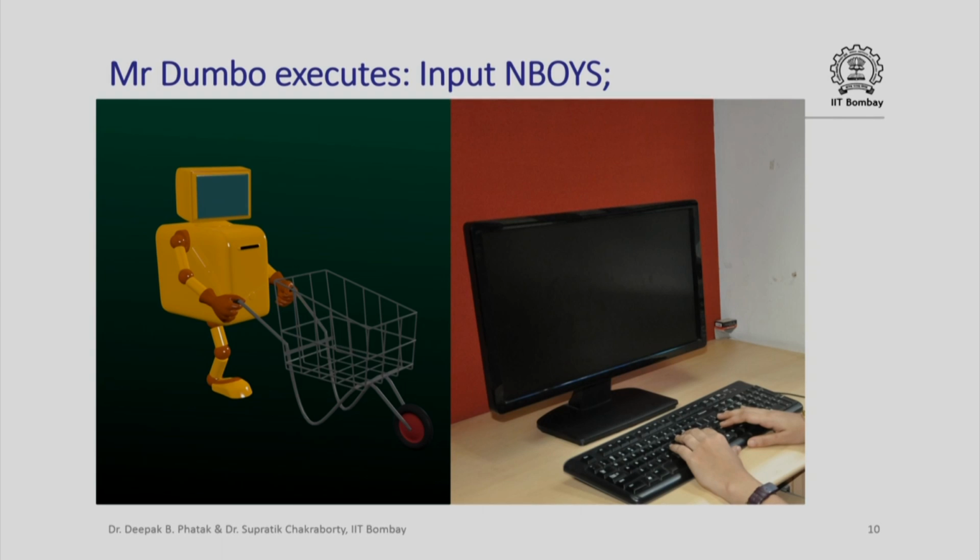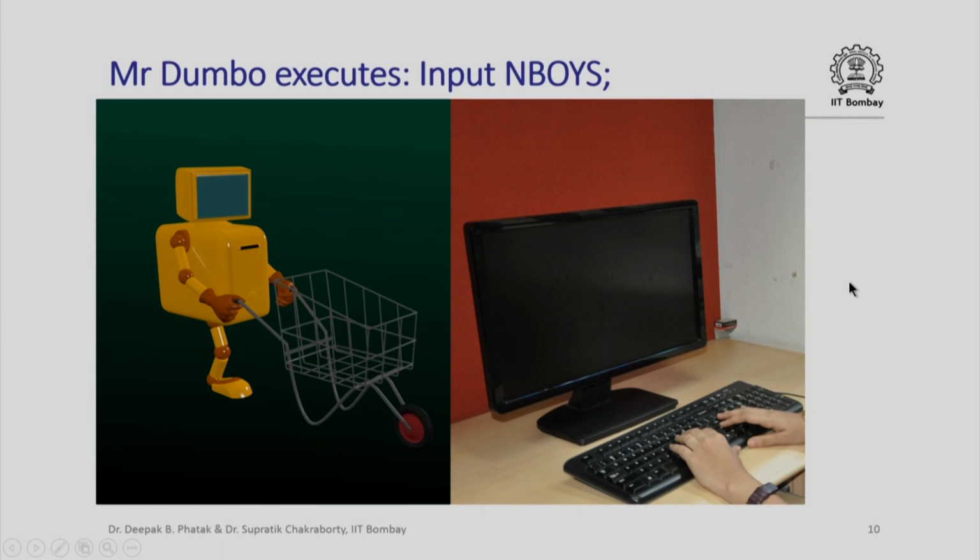How long? Actually, he will stand eternally if we refuse to feed in any value. This is obviously not a desirable situation. We would like some indication, preferably an indication to appear on our screen which suggests that Mr. Dumbo is waiting for some input value.